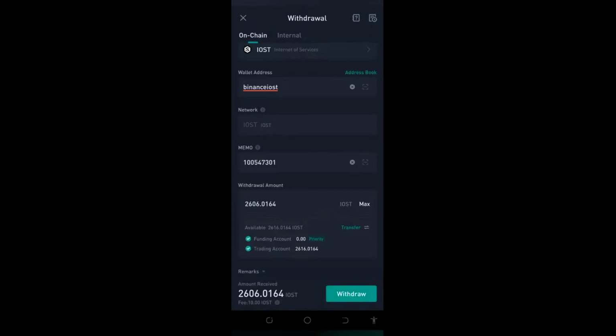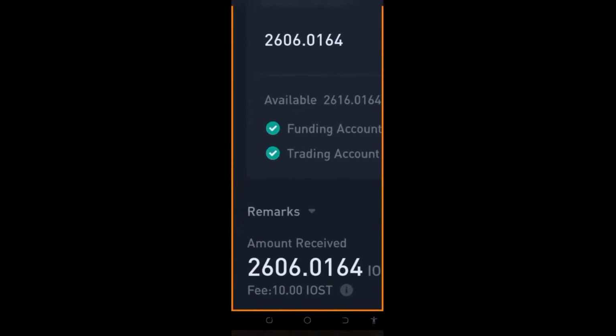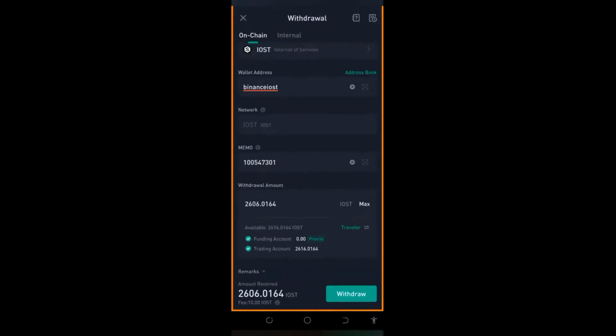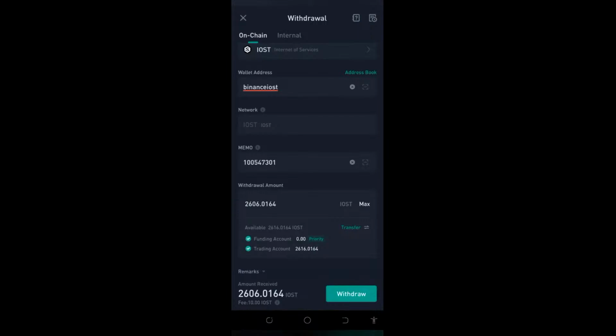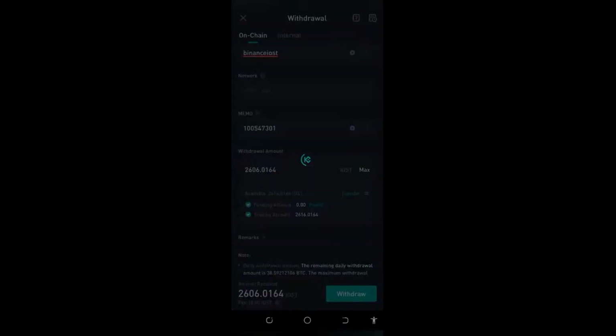So what we get is 2606. Remember that there's going to be a withdrawal fee of about 7 cents. It says that the fee is 10 IOST, which is equivalent to about 7 cents. Okay. So we're going to go over and get this done. All right. Let's withdraw. Okay. Withdraw.